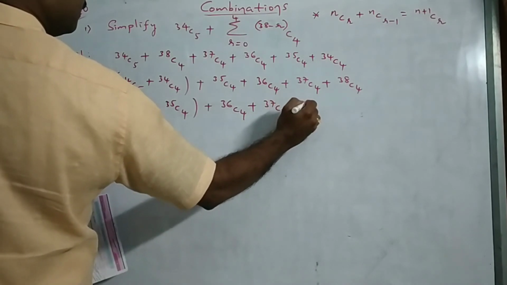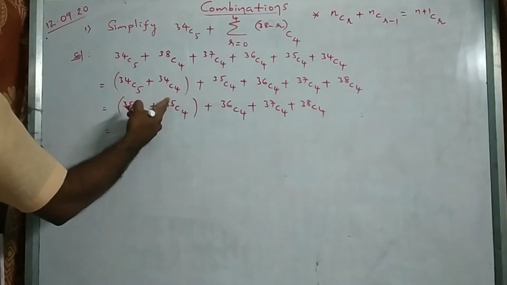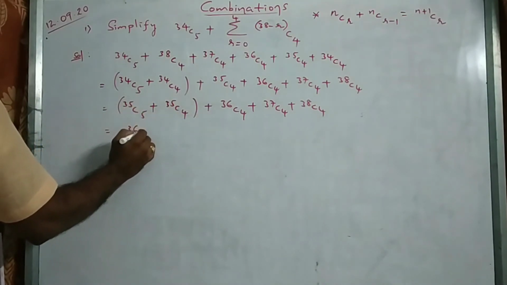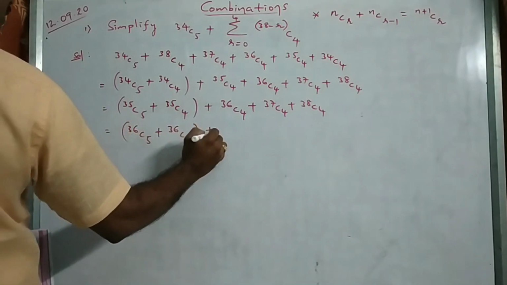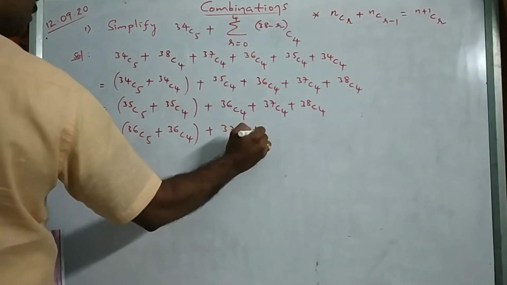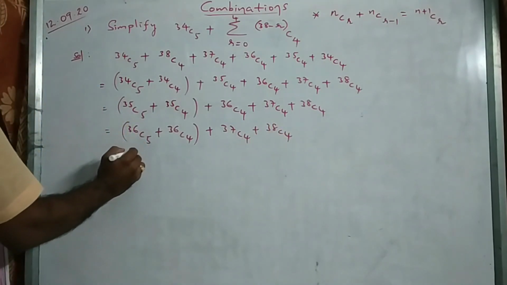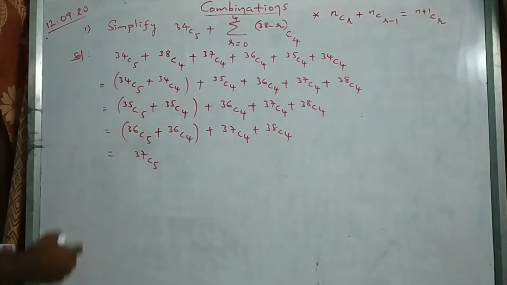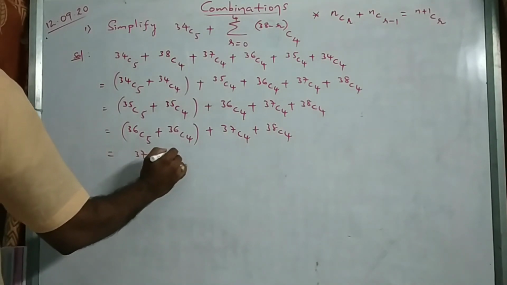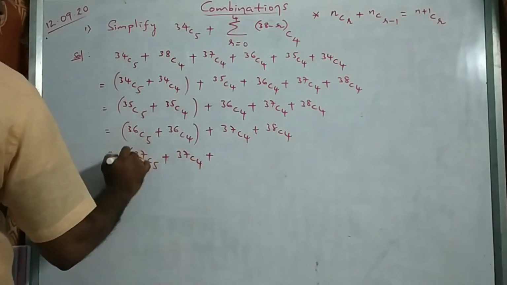Okay? Remain. Now looks like NCR plus NC(R minus 1) means again (N plus 1)CR plus 36C4. These two together, 37C5 plus 37C4, plus these two together now.